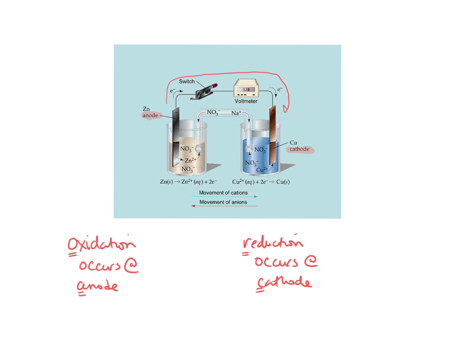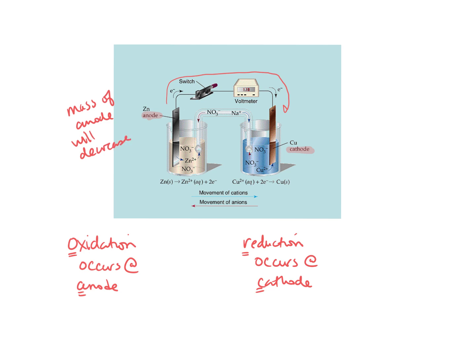Okay. So what does this mean, how the cell is going to look? Because the Zn is going to Zn2 plus, you have a solid that is going into aqueous state. That means that the mass of the anode will decrease over the course of the reaction.